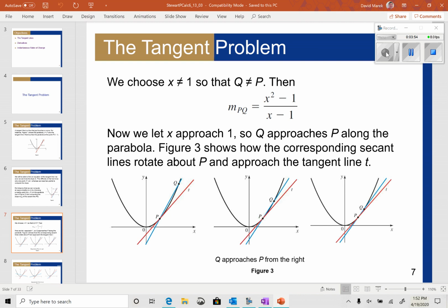If we put point Q a little closer to point P, the slope of the blue line gets closer to the slope of the red line. For the third one, on the far right, put point Q even closer to point P. The slope of that blue line is getting closer and closer to the slope of our red tangent line.